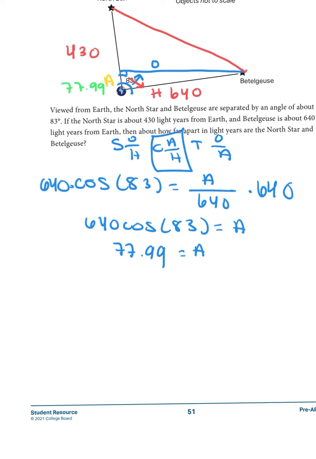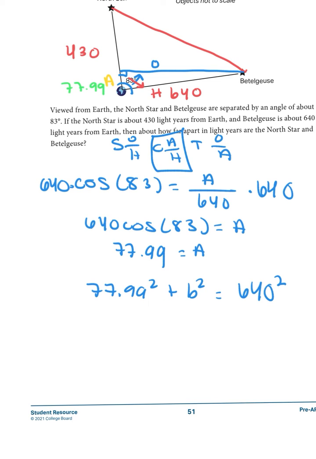So I can do 77.99 squared plus b squared is equal to c squared, which in this case c would be 640.